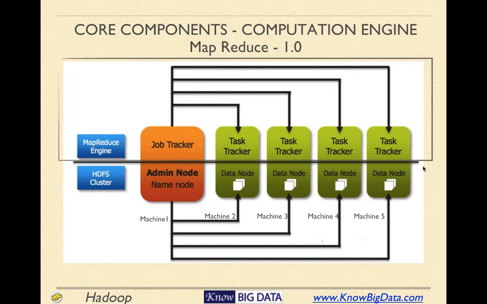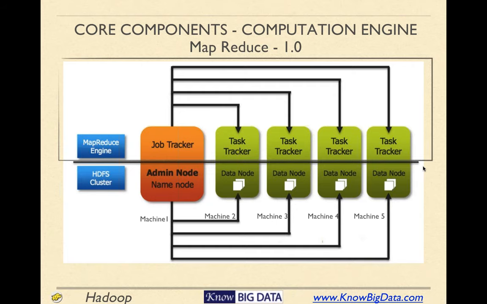All right. Now, there are many questions at this point. We are running task trackers and job tracker. We talk to job tracker, and job tracker is delegating work to the task tracker. First question is, does every processing get done on all the nodes?